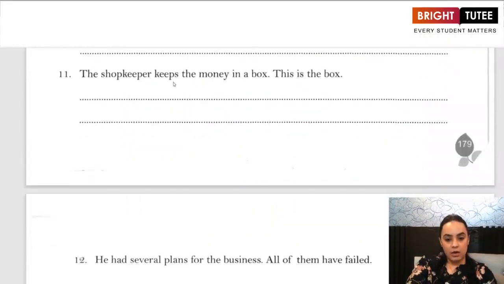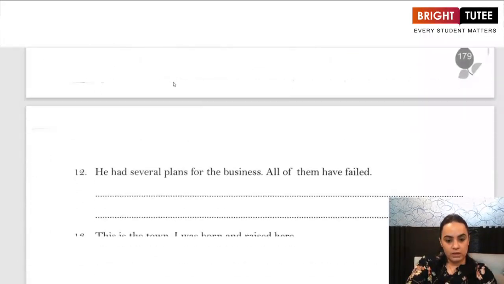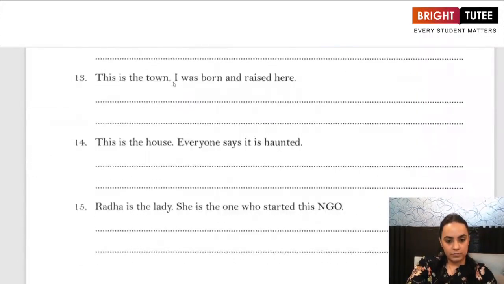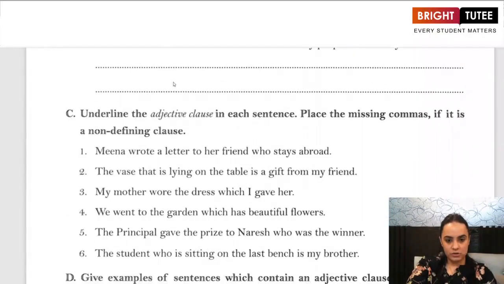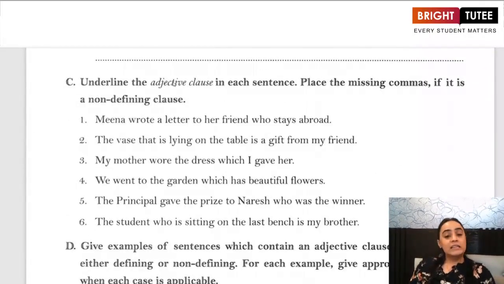Alright? Now the next question is, underline the adjective clause in each sentence and place the missing commas if it is a non-defining clause. So if the clause is non-defining in nature, you have to put a comma.